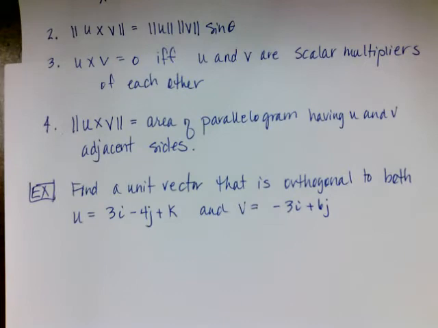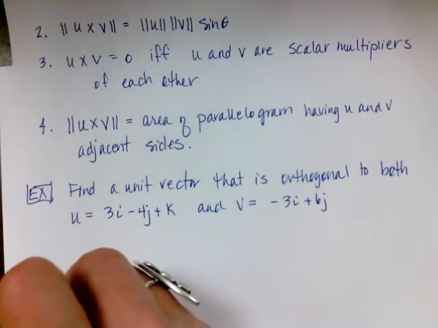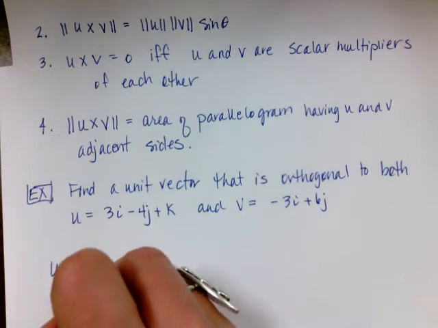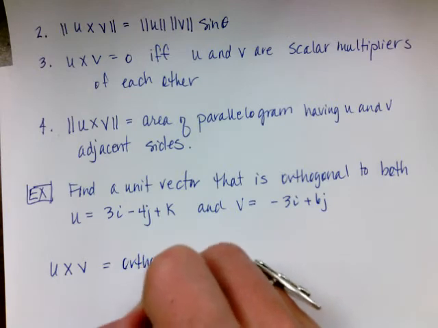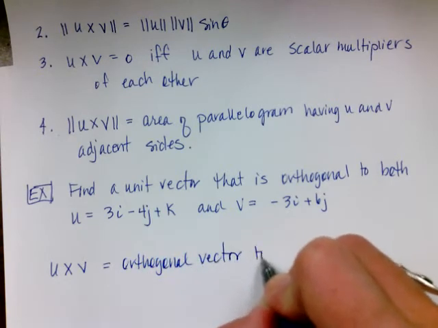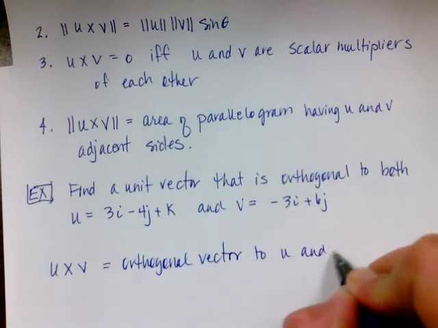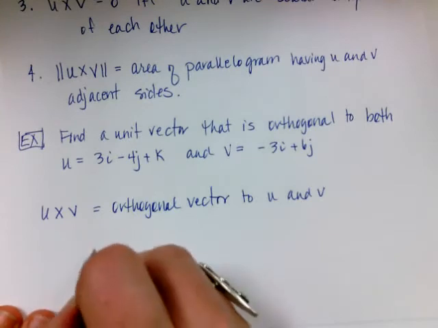There's no k component, so remember that means that piece would be 0. All right, so the first thing that I want to do is my cross product. So u cross v would be an orthogonal vector to both u and v. Sorry, u and v. Bad handwriting. So let's do u cross v first.